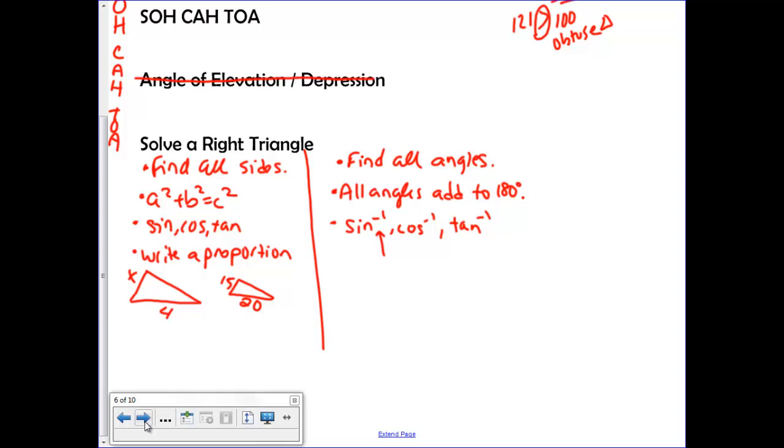What would your proportion look like to solve for x? Let's go this way. X compares to 15 and 4 over 20. And then you can cross multiply.